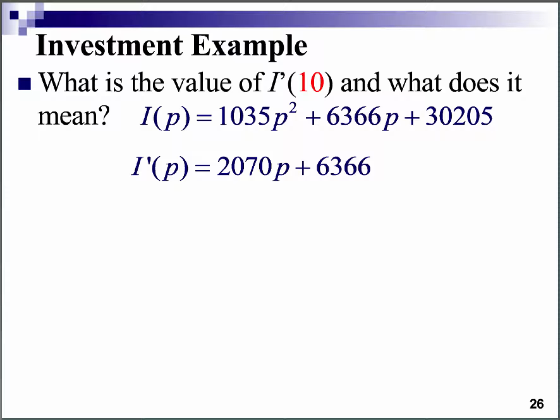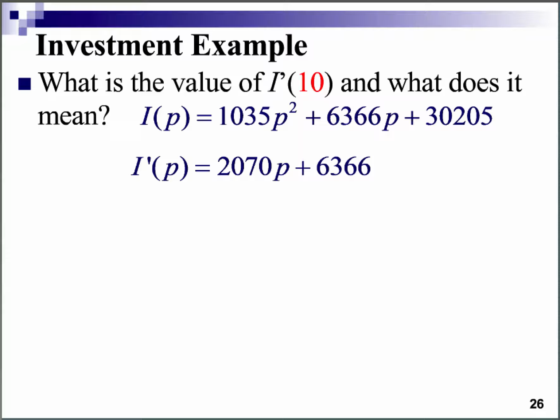We just take 2 times 1035, which gives me 2070, and then reduce the power of p squared down by 1 to just p. The middle term, 6366p, is a linear term, so the derivative is just the slope of that line, which is 6366. And of course, the constant term at the end has a derivative of 0. So this is the general derivative of the income function.